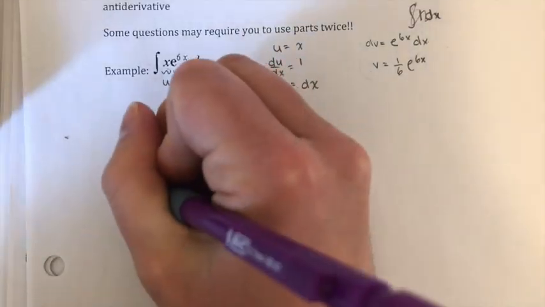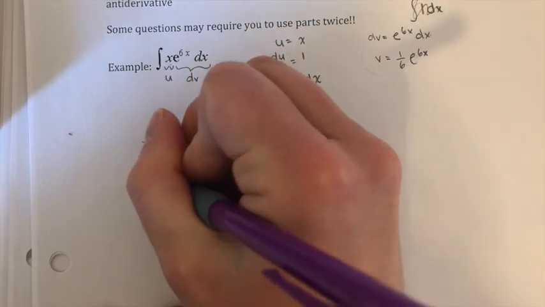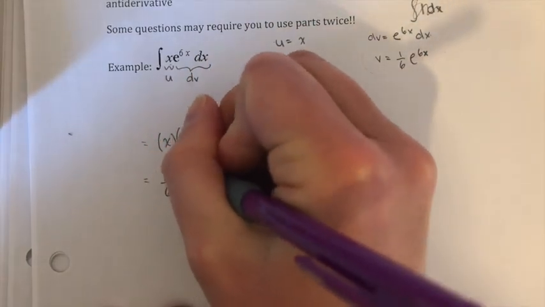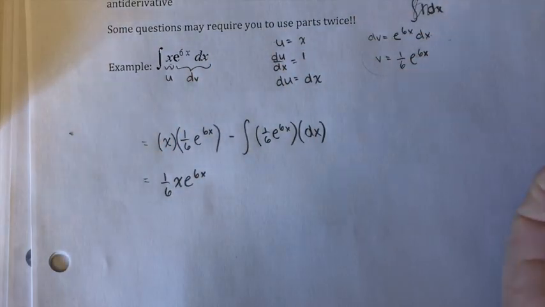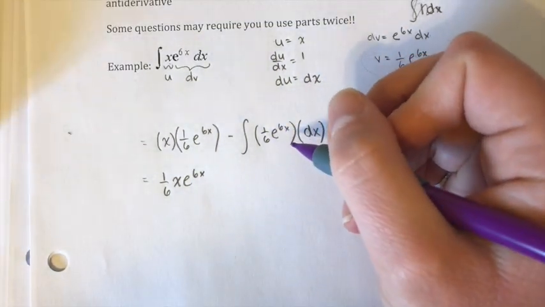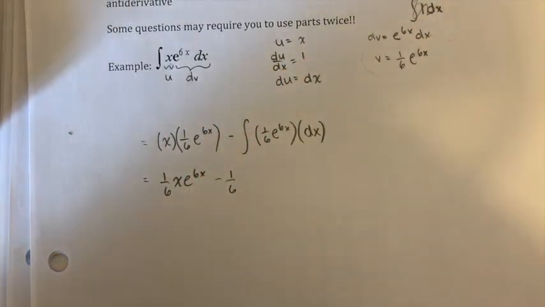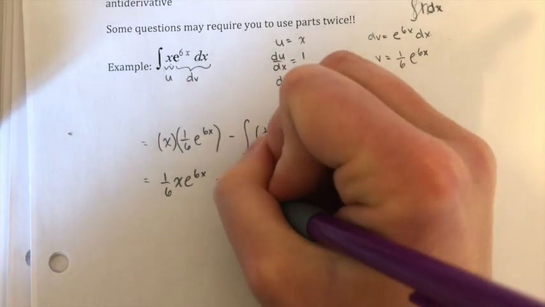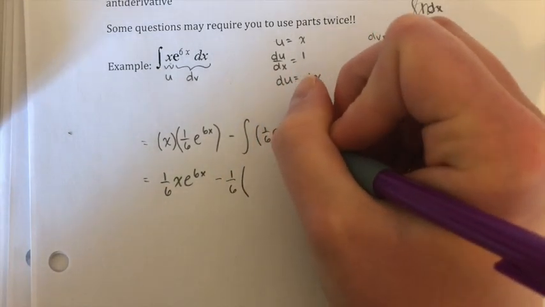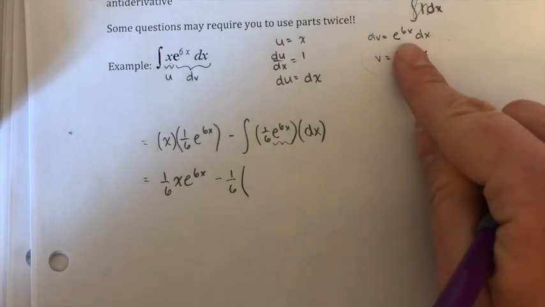Okay, so this thing can just stay as it is, and I'm just going to rearrange it so it's more like what we would see. So 1/6 times x times e to the 6x, and then we're doing the integral or antiderivative of this thing. I'm going to pull that 1/6 out, so it's minus 1/6, and then we're doing the antiderivative of just the e to the 6x again, which we've already done, right?